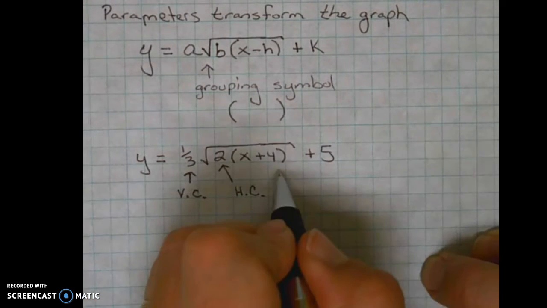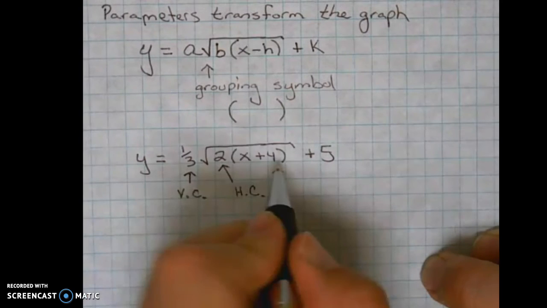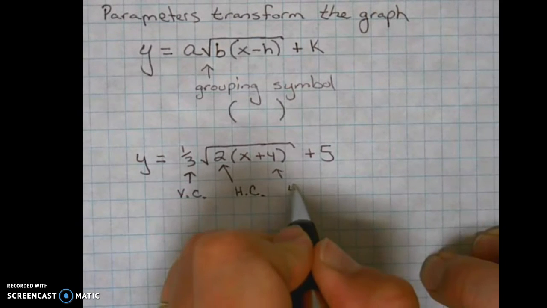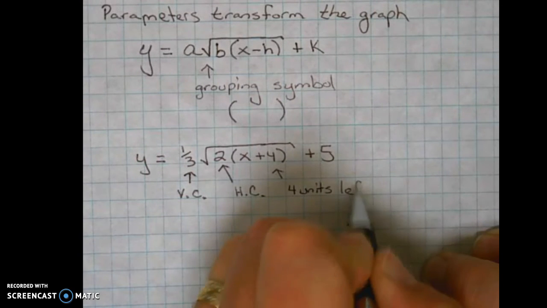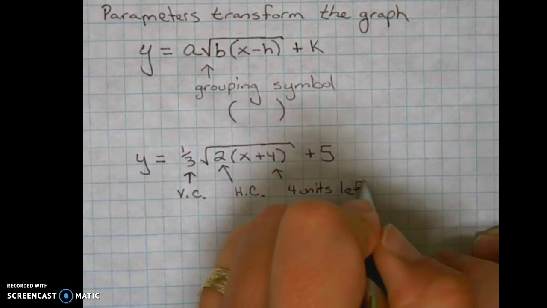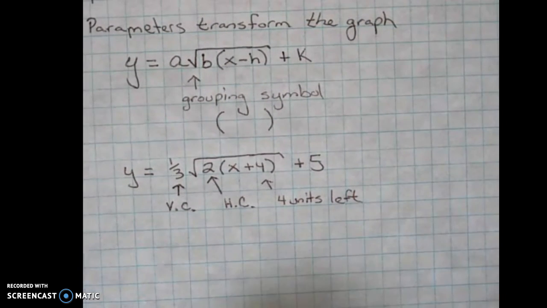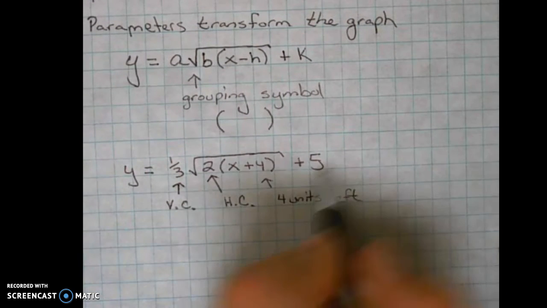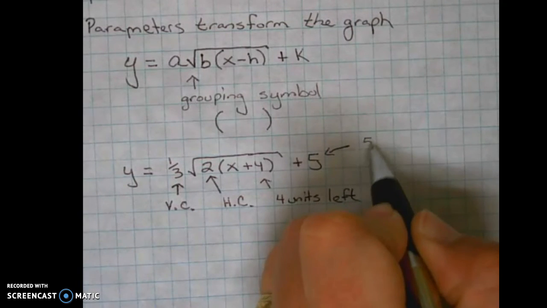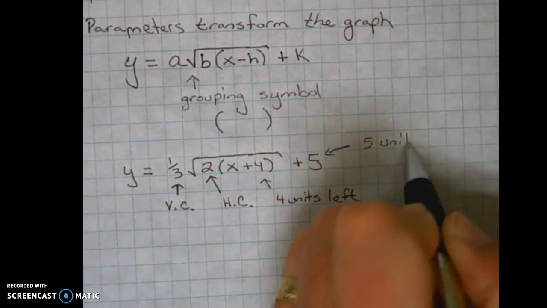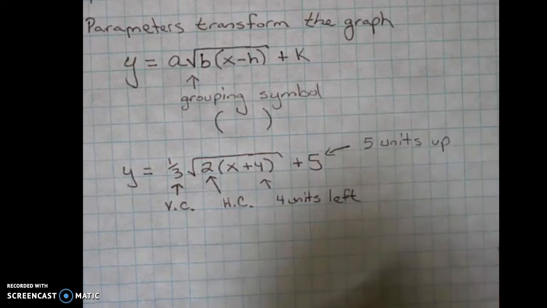Here we have a translation of 4 units left. And here we have a vertical translation of 5 units up.